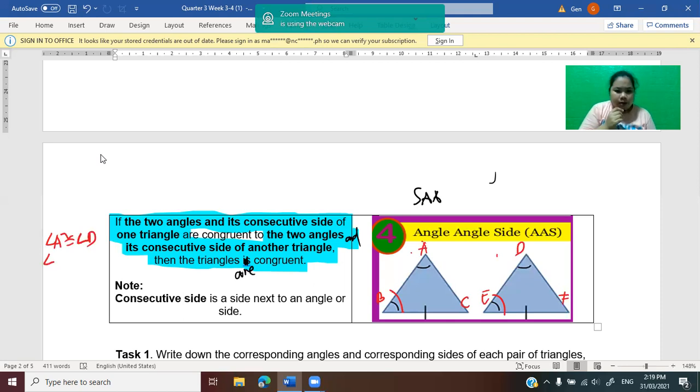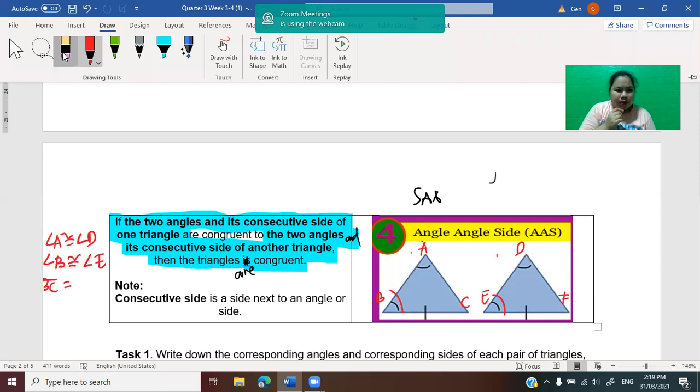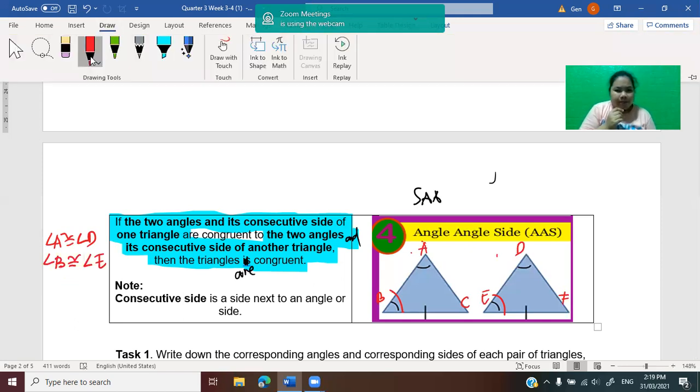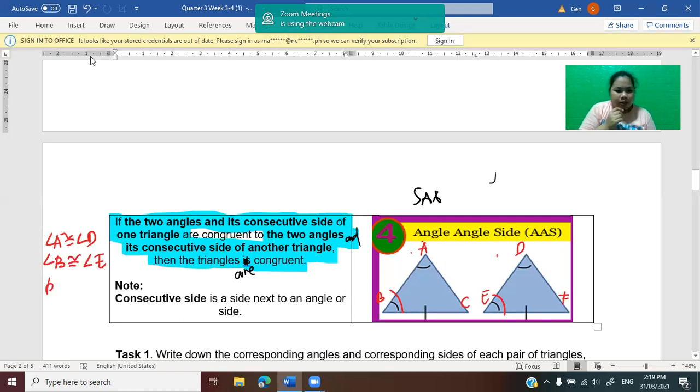And angle B is congruent to angle E. And we have BC is congruent to EF.